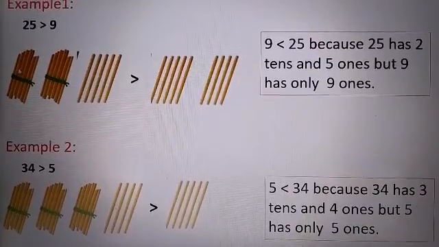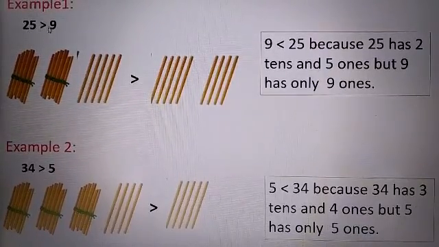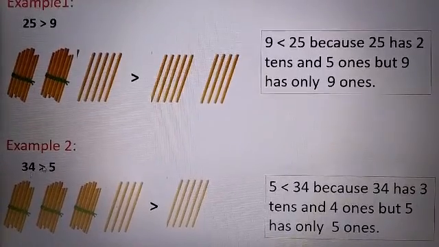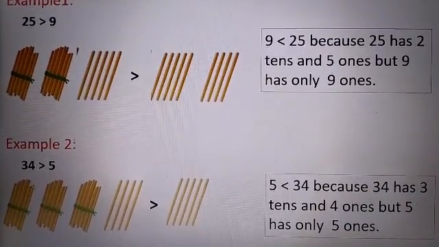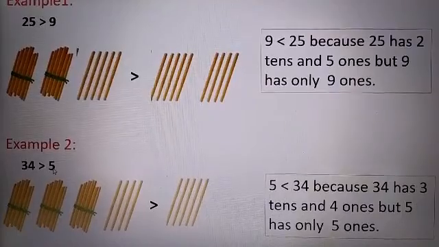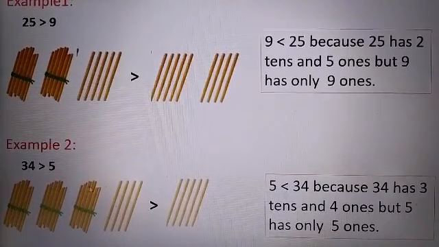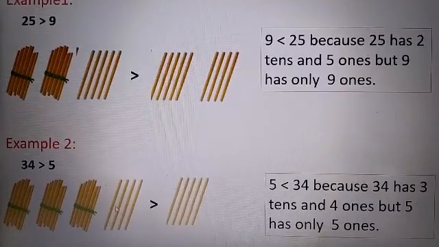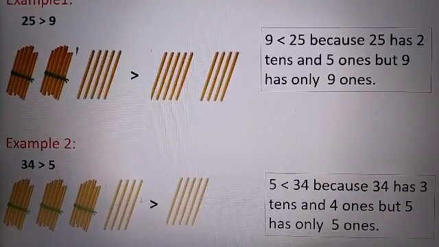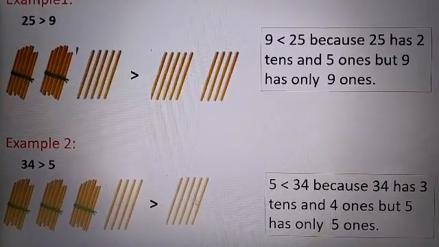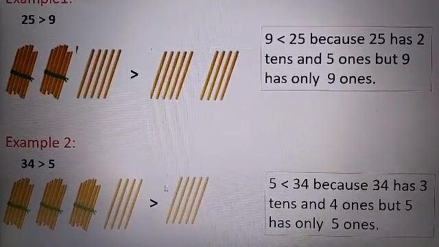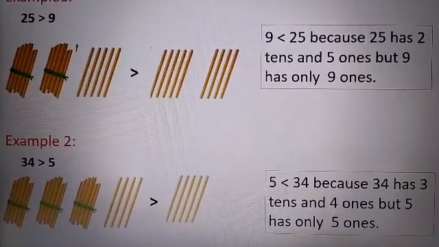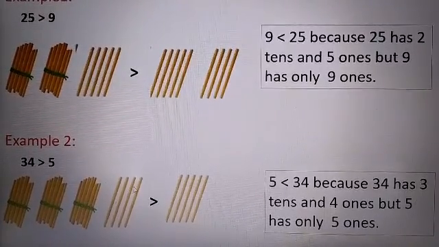Moving to the next example. See, this is a 2-digit number and 5 is a 1-digit number. So here it is 34 and 5. So 1, 2, 3 tens, and here no tens. Here it is 1, 2, 3, 4 ones and 1, 2, 3, 4, 5 ones, but no tens since it has only 5 ones. And here we have 3 tens and 4 ones.